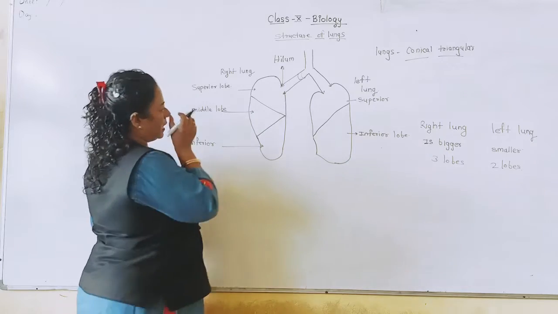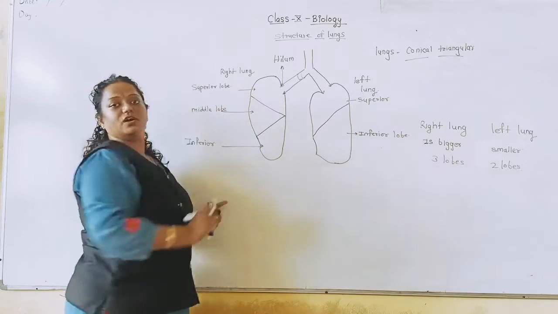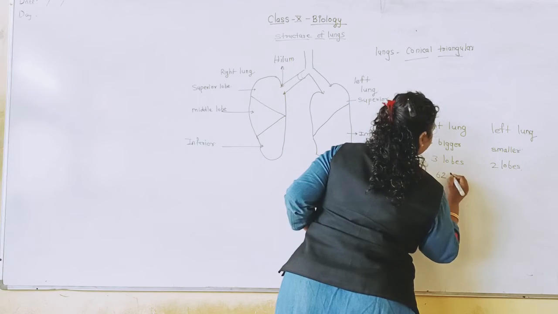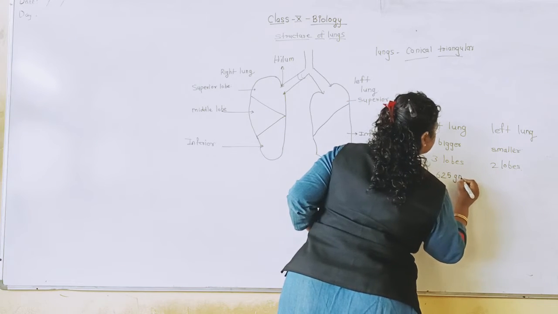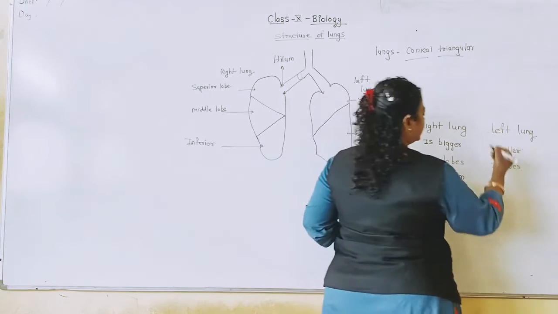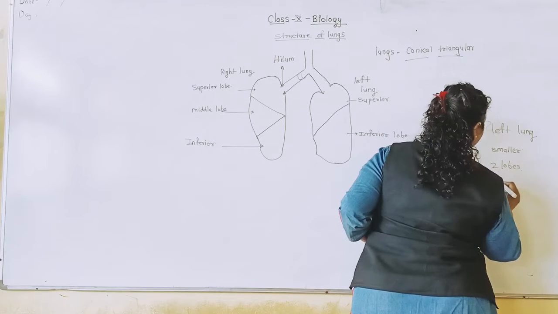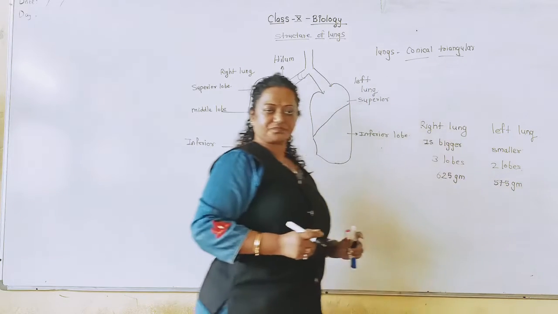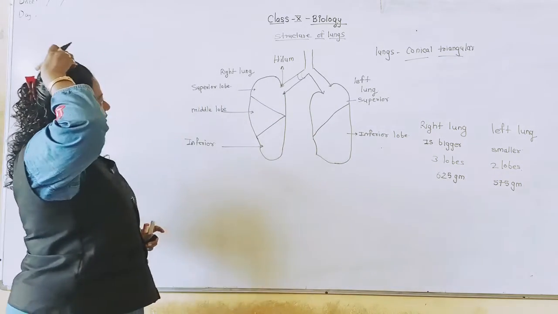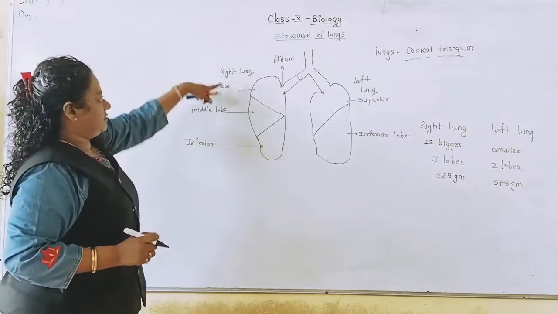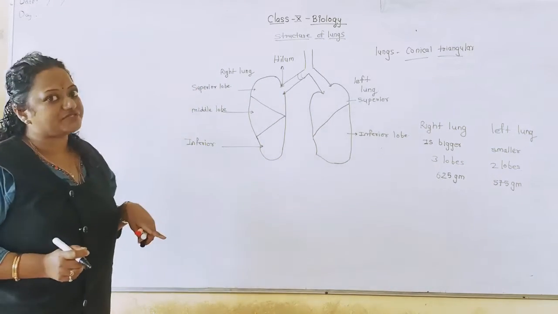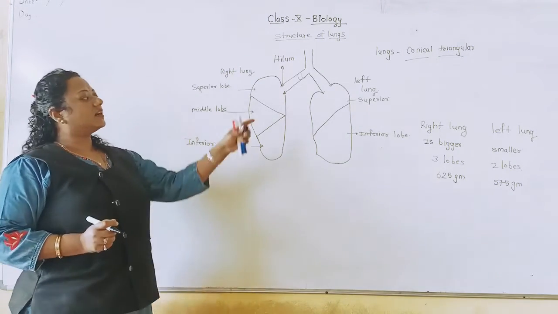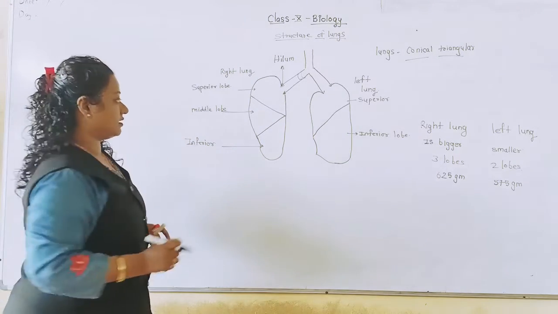Okay, and the weight of the right lung will be 625 gram, and the weight of the left lung will be 575 gram. Okay, students, is it clear for you? The right lung has 3 lobes, and the left lung has 2 lobes.